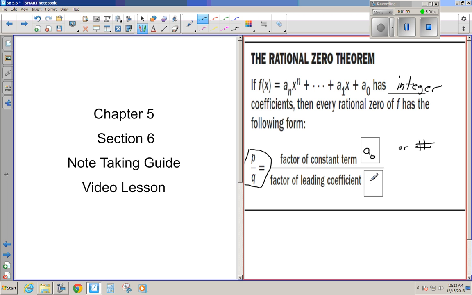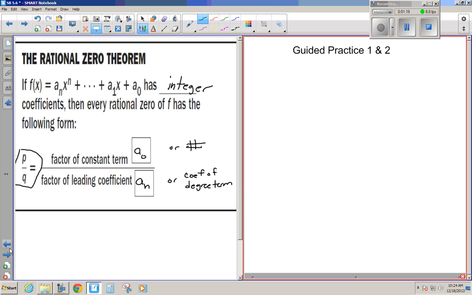The leading coefficient is a sub n, or it's also the coefficient of the degree term. Right? And what this does is it tells us all of the maybe zeros.